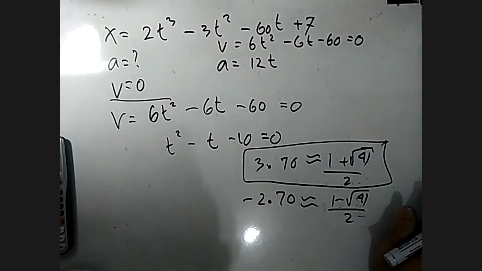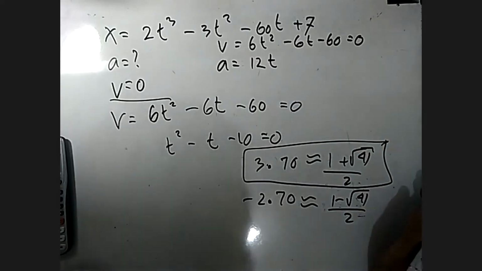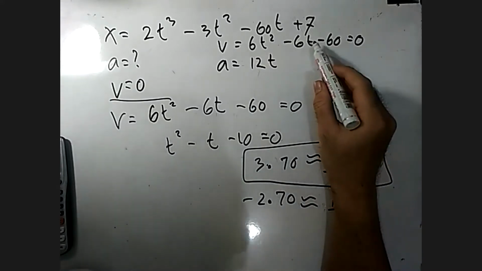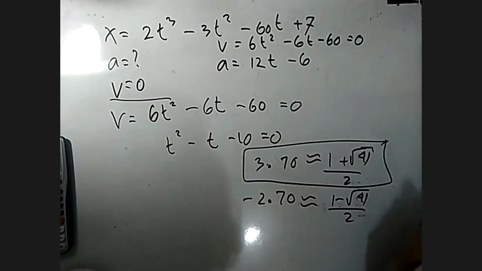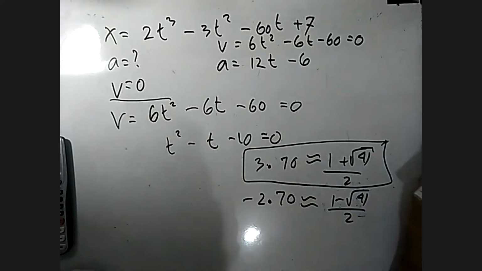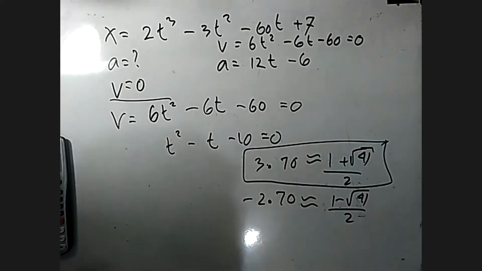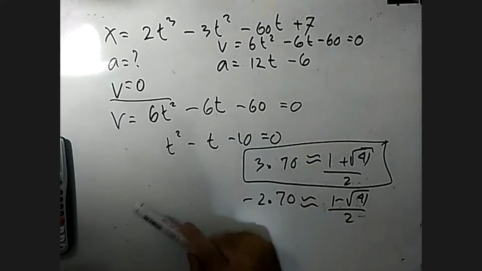Okay. What about negative 6t? Still 6t? No. In differentiation here, because this is just one number, it's just negative 6. Oh, okay. What about negative 6t? What is the differentiation? 0. Yeah.